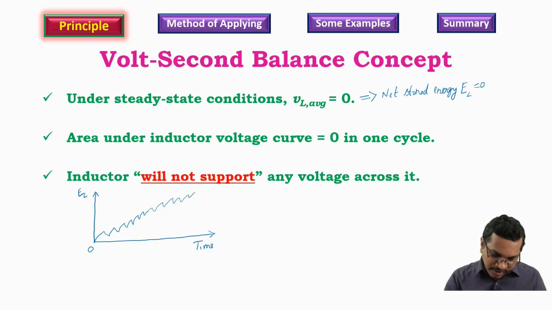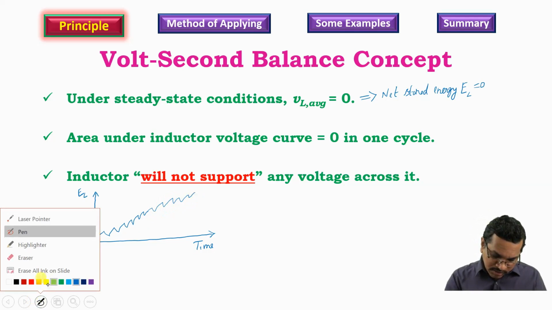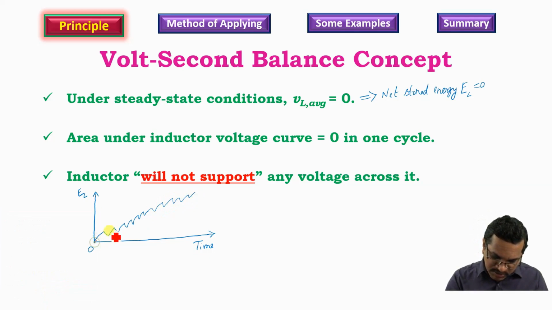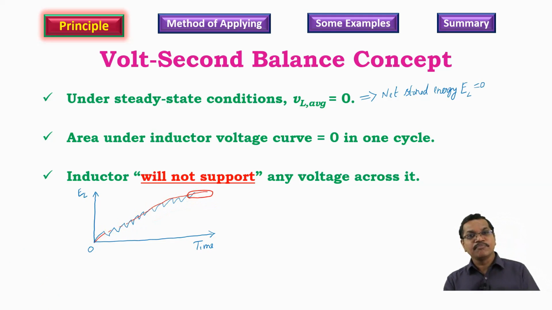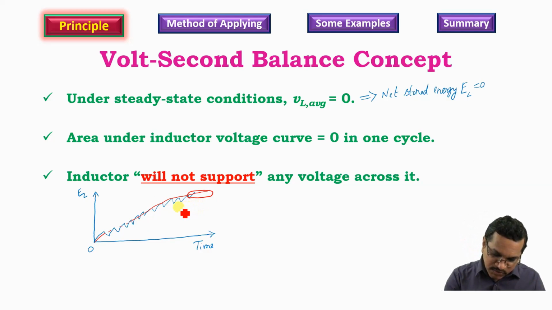And there will be a point, somewhere here, where saturation sits in, which means after a lot of cycles, the inductor will saturate. That is not preferable. This is where saturation is going to sit in. This is not preferable.